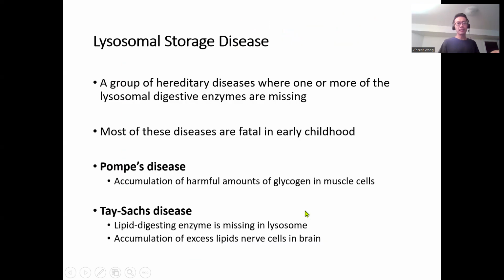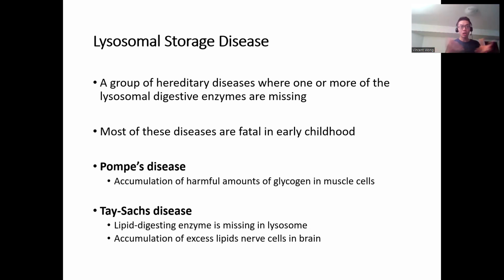Last slide, and then I will let you go. The lysosome contains a mixture of enzymes, and enzymes are proteins, and the instructions to make proteins are encoded in the DNA. So it's possible for people to have mutations in the DNA that cause them to be missing some enzymes in the lysosome.